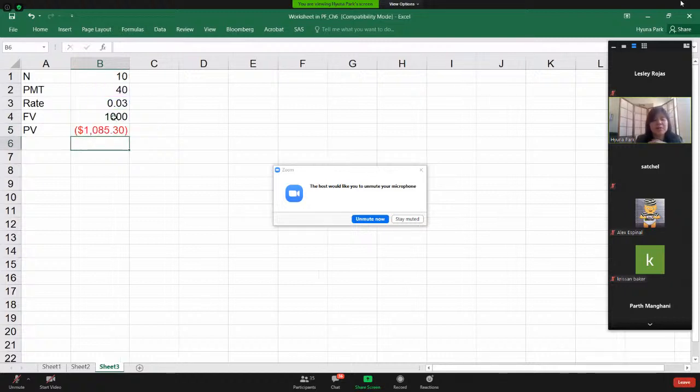So $1,085.30 negative. Why is it negative? You pay this amount now and you receive 40, 40, 40, 40, 40, 40, 40, and 1,040 inflow. So this is how to calculate bond price using Excel. Any other questions? So this is it, the bond valuation.